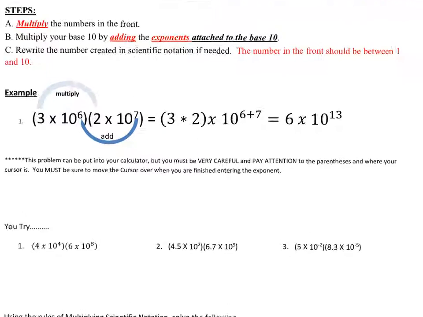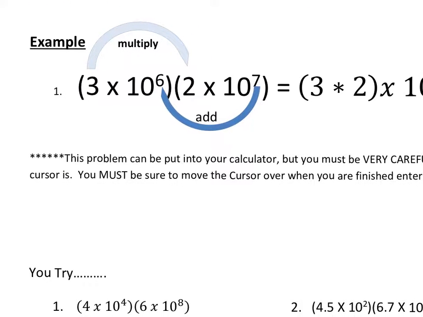Zoom in a little bit. So if we're looking at this problem, the 3 and the 2 are going to be our coefficients, and those are what we multiply. This right here, the times 10 to whatever, those are your bases in scientific notation, okay?